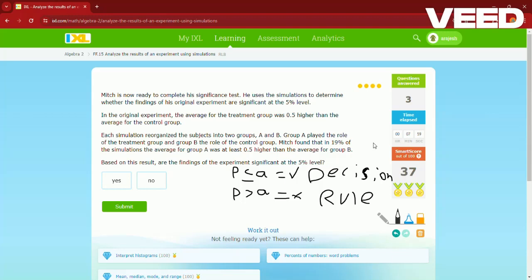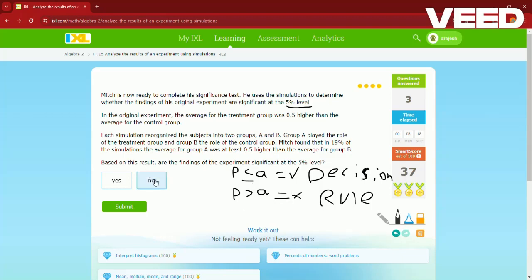So we're going to be asked about the 5% level here. There's this thing I have to tell you. It's called the decision rule. If P is less than or equal to A, it works. If P is greater than A, it does not.